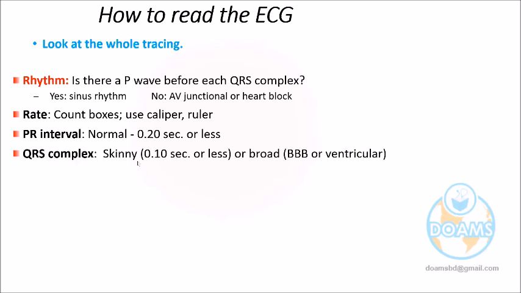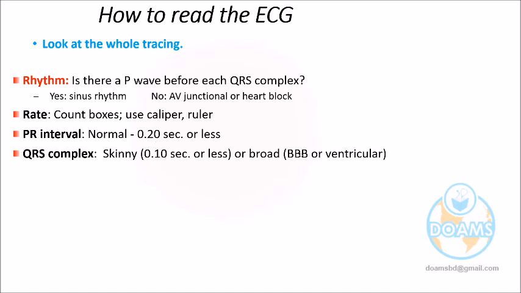QRS is very skinny, very thin. Maximum 0.10. Dr. Famina, please. How many squares? 2 small squares. More than 2, doctor? It will be okay, 2.5. 0.12 is 2.5. You see, 0.20 is 5 smallest squares, so 0.10 will be 2.5 smallest squares.